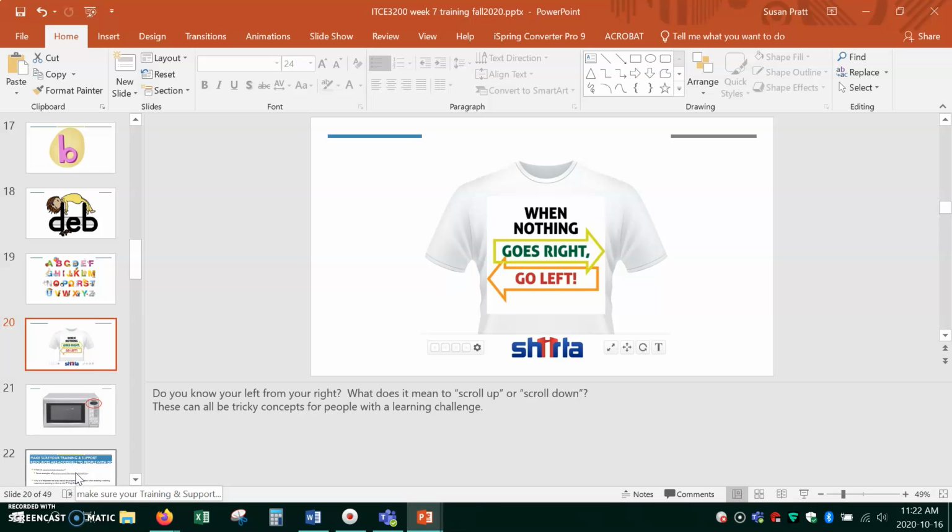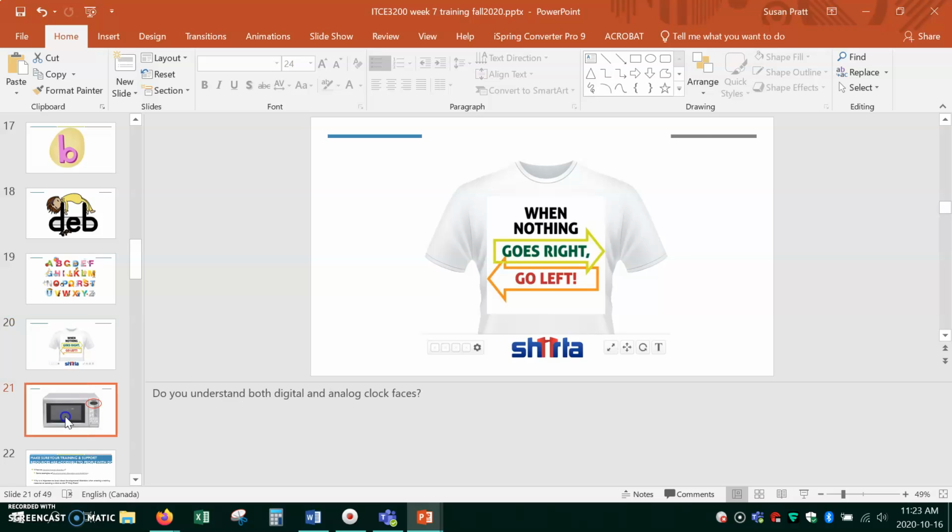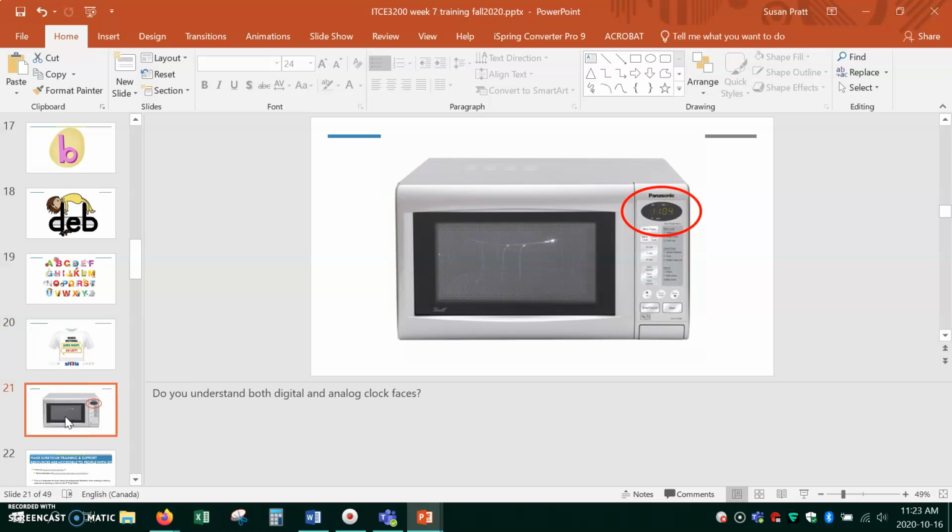If you really struggle, or you have no concept of left and right, and the whole idea of scrolling up and scrolling down is confusing to you, location type things like that can be challenging for people with learning difficulty. So these are all just could be symptoms, or it could just be you're not great with your left and right. Same with understanding digital and analog clock faces.